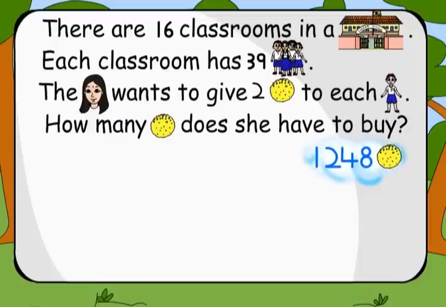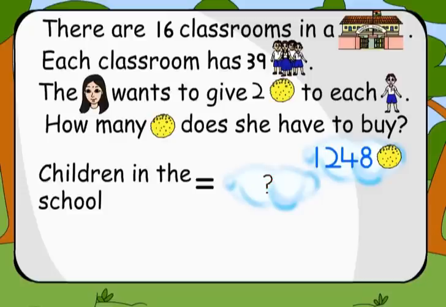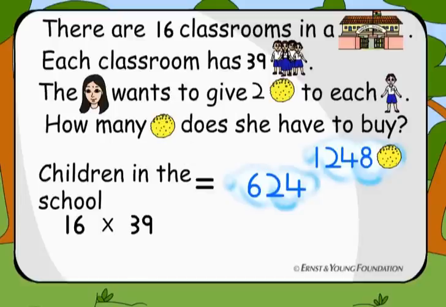First, children in the school: 16 into 39 is equal to 624 children.